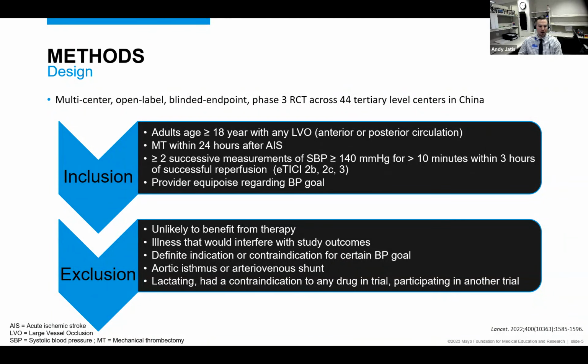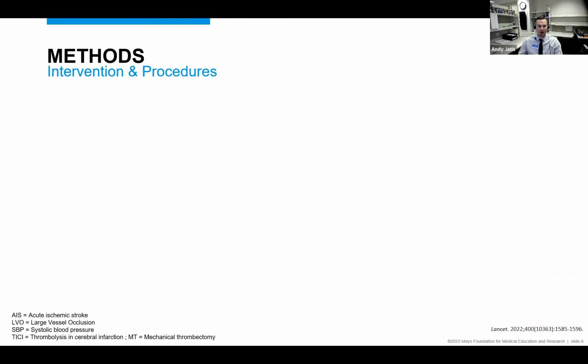And then a few other considerations such as aortic isthmus and arteriovenous shunts. And then lastly, patients that were lactating or had any kind of contraindication, like a drug allergy to the therapies that were utilized, or were participating in a different center's trial.